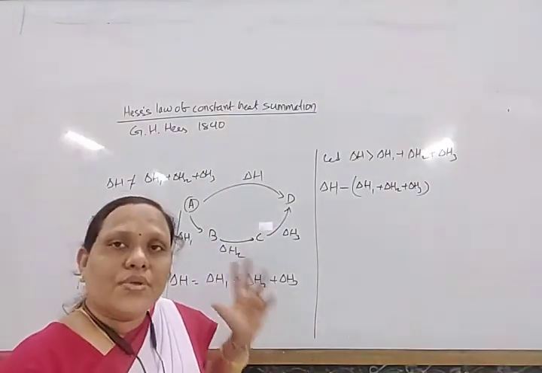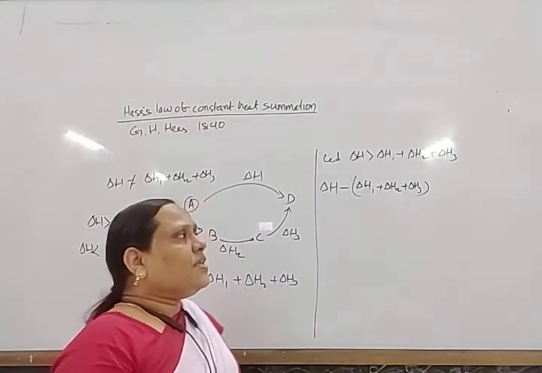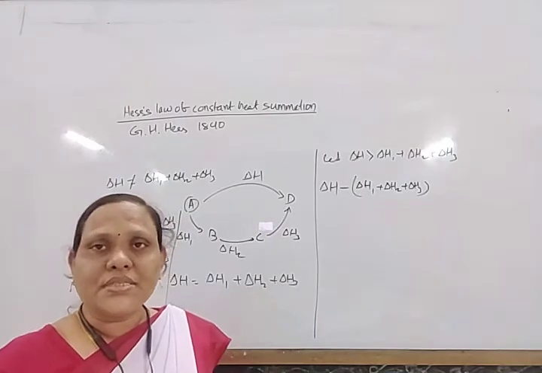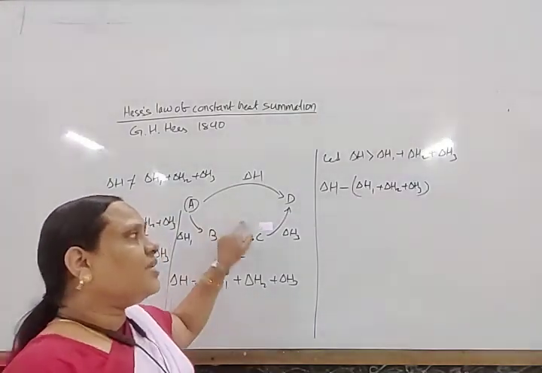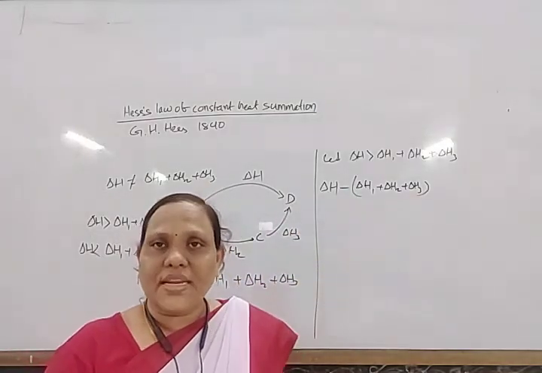So without doing any work, a large amount of heat is produced. This is contrary to the first law of thermodynamics, which means it is impossible. From here we conclude that del H must be equal to del H1 plus del H2 plus del H3.